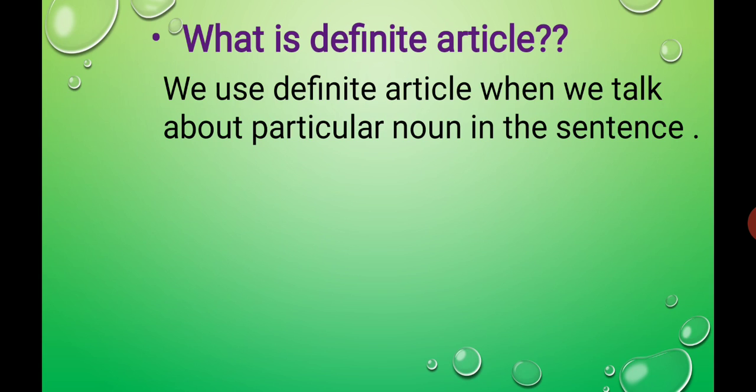There are so many girls in your class, right? But only one girl has long hair, so you point out only that girl. It is a particular noun. So before this particular noun we use the definite article, and definite means the, right?